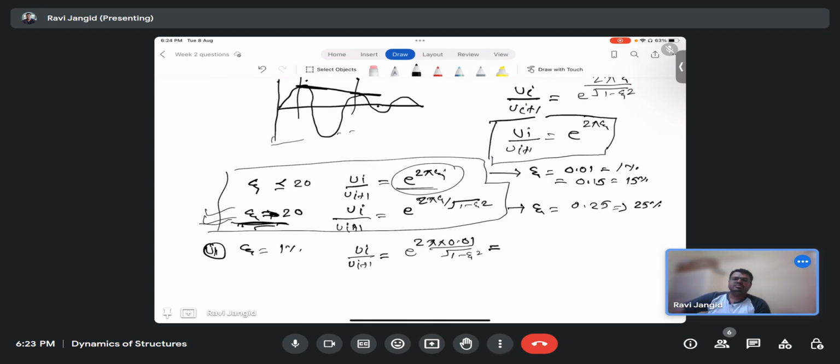So if you put this value, anyone with the answer for 1%, what is the ratio coming out? Let me calculate what is the answer. 1.06, sir. Let me check. Yeah, it is coming out to be 1.06.